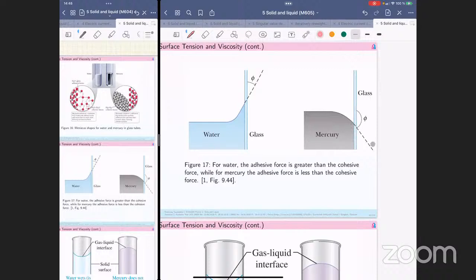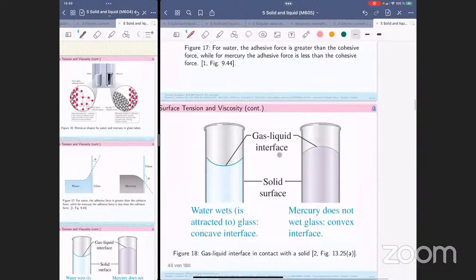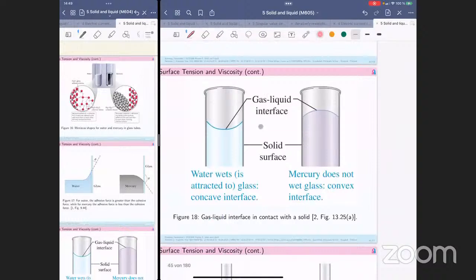So that's why we have this shape, and at this curve there is the line here, the tangent line, and when we measure the angle from the glass wall vertically, to this line, we're going to have the angle phi, and phi will be usually less than 90 degrees. Okay, มุมป้านนะครับ อันนี้มุมแหลมนะ okay and yeah the interface, the surface of fluid, gas and liquid interface is going to be different.